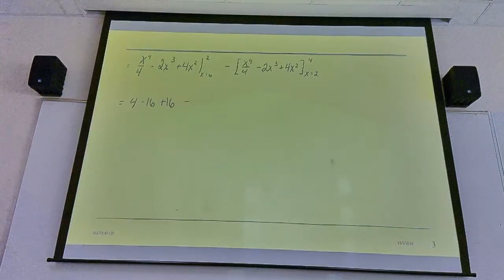What's 256 minus 16 over 4? 4 cubed minus 2 cubed.